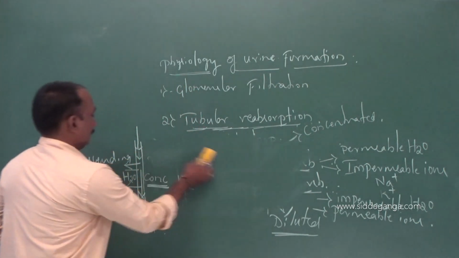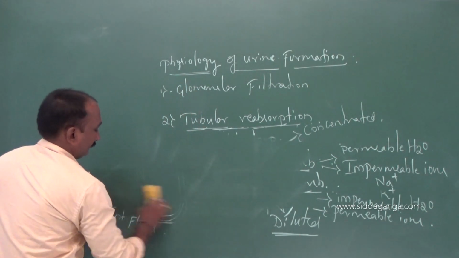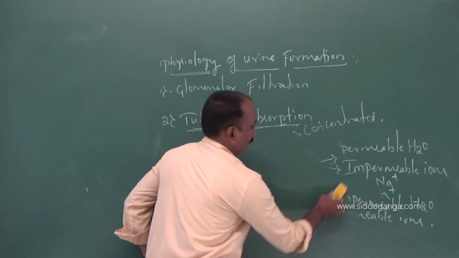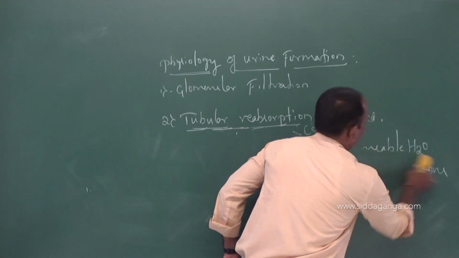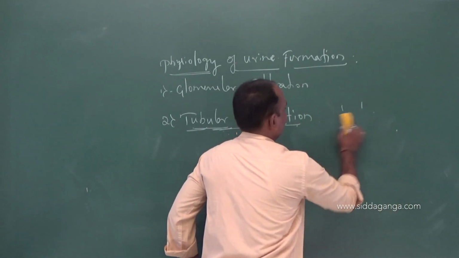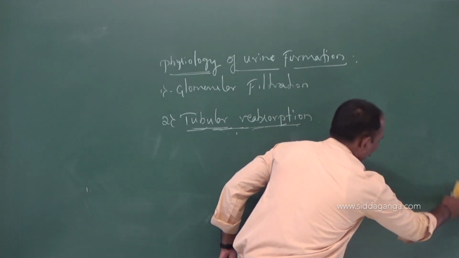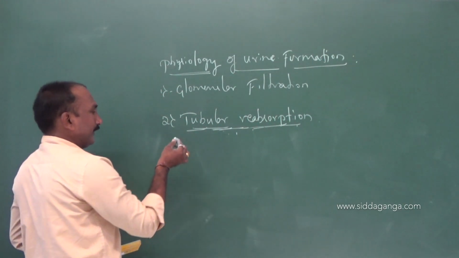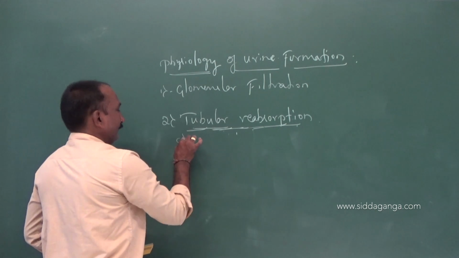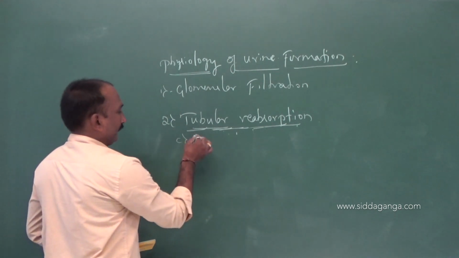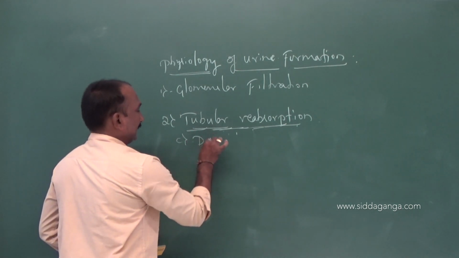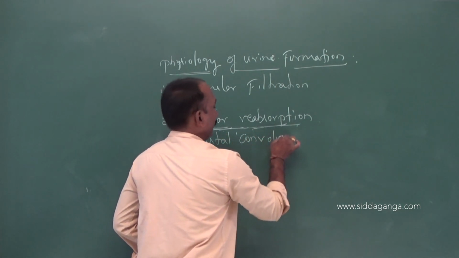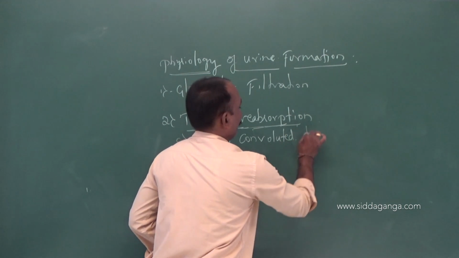Okay, next to this, other than these, the part involved in the reabsorption of essential molecules is another part next to the loop of Henle, called the distal convoluted tubule.